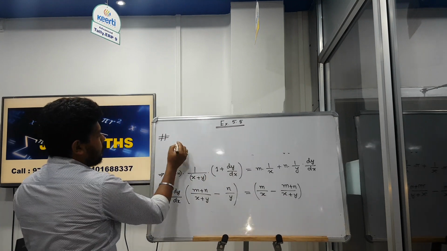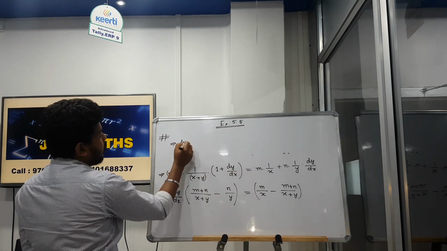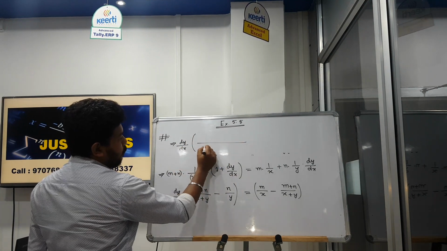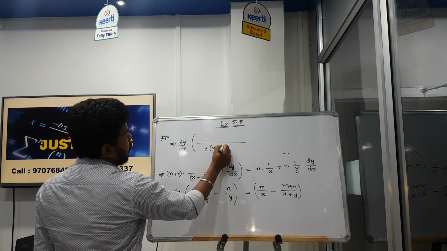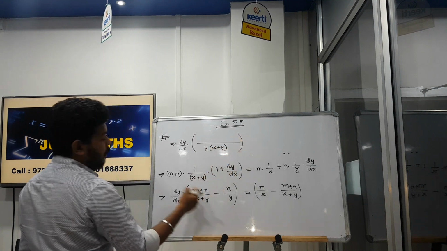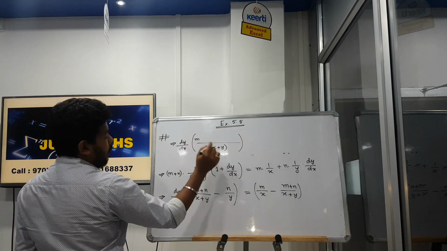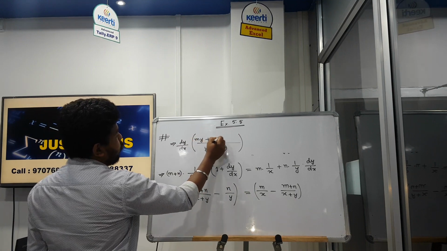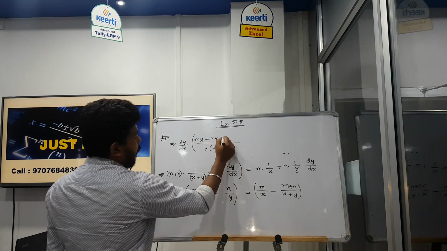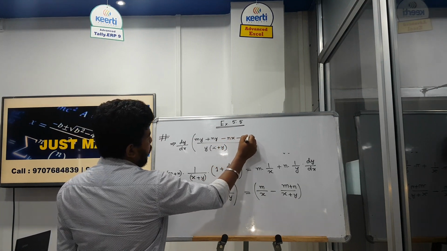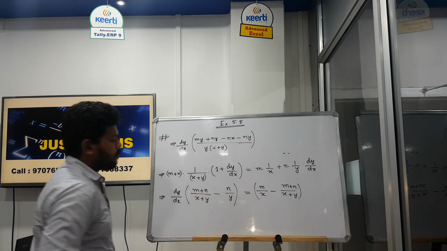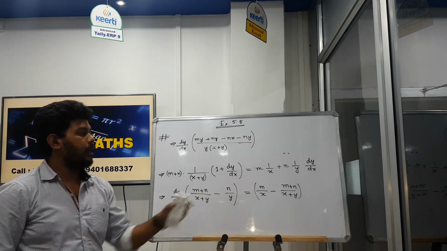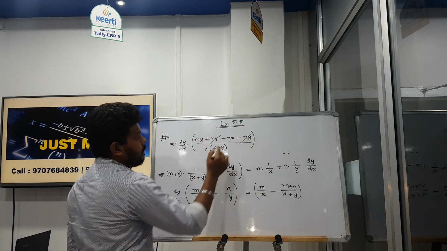If you take LCM, you will get dy by dx into, take LCM, y into x plus y, it is my plus ny minus nx minus ny, m into y, n into y, n into x, n into y, ny cancelled.